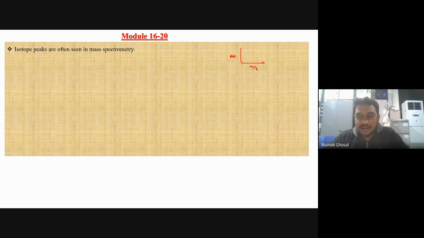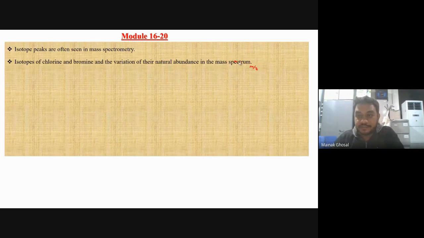Some isotopes have a relative abundance that is quite significant, and they actually appear in the mass spectrum.